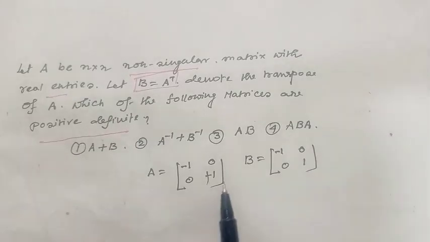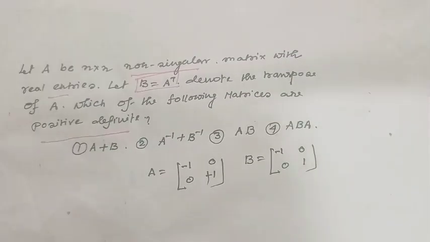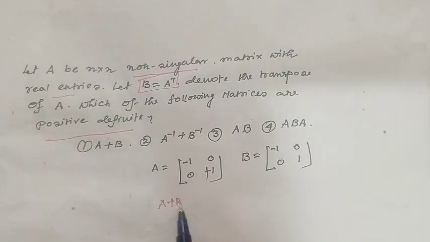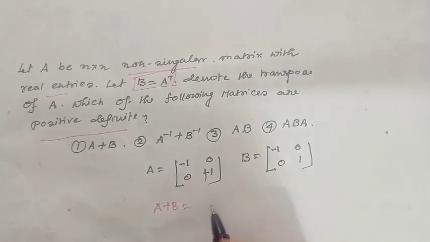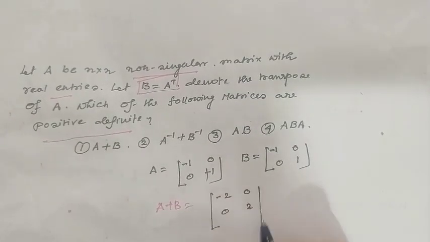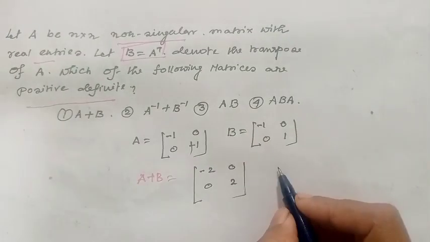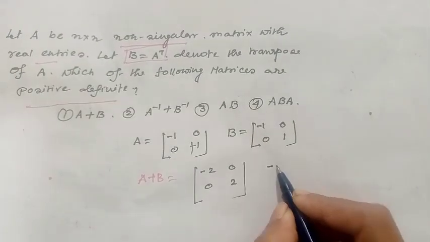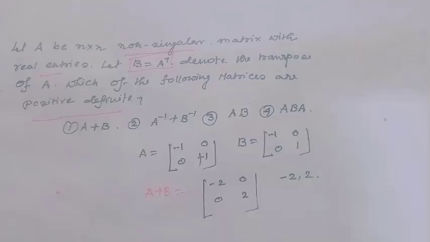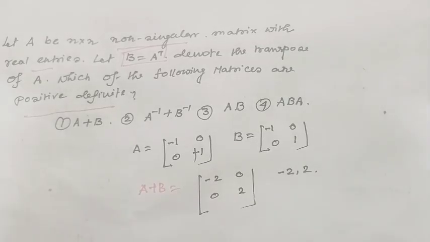For this matrix, B is the same matrix -1 0 0 1. Then what would A plus B be? A plus B is obviously -2 0 0 2. And notice here the eigenvalues of A plus B are -2 and 2. So this example violates the first option.